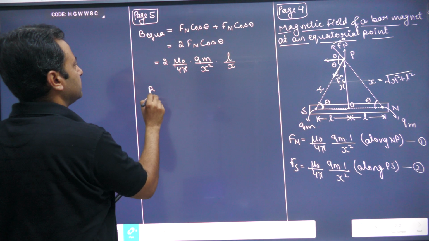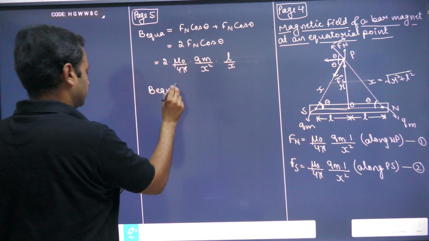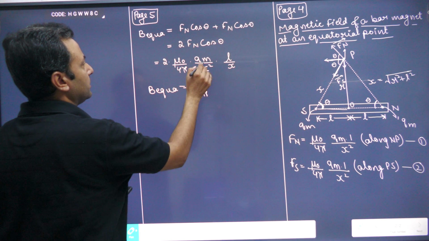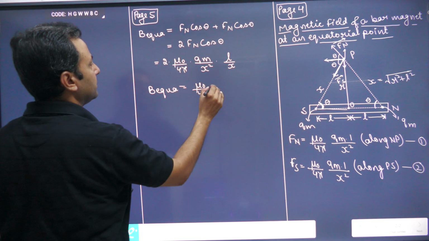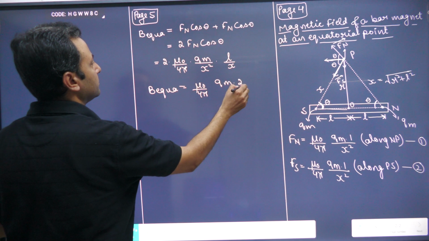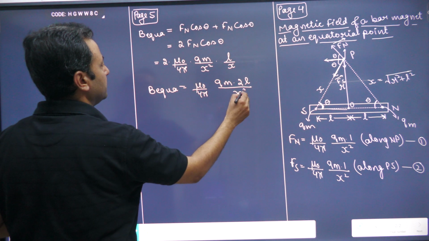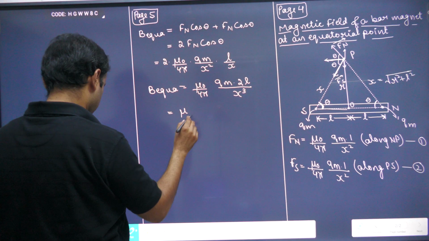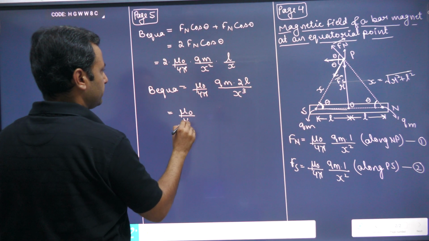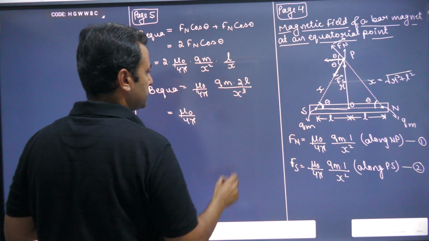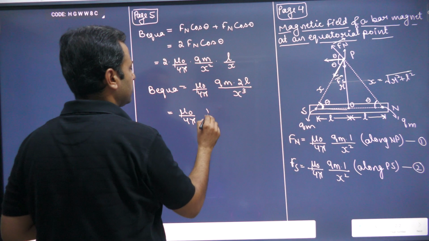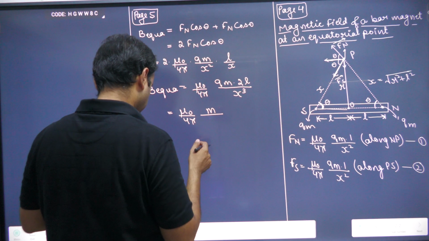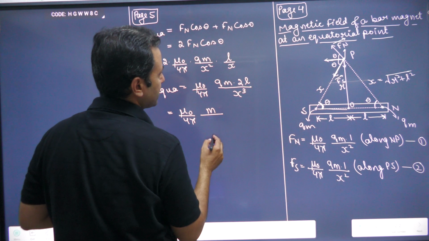So B is equal to mu naught upon 4 pi times Q1 into 2L upon x cube, which is equal to mu naught upon 4 pi times the magnetic dipole moment M upon x cube.